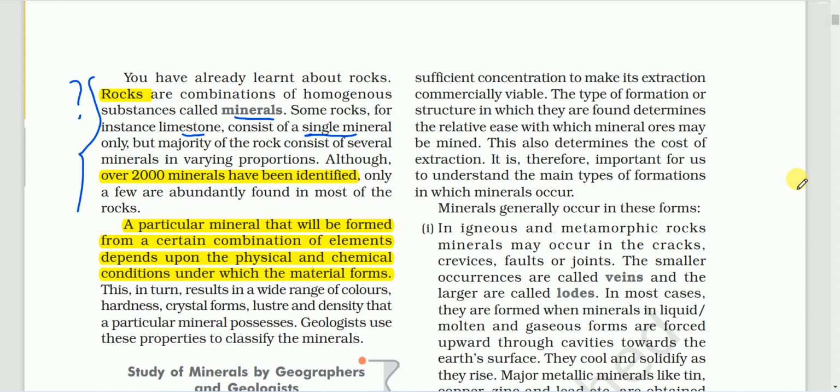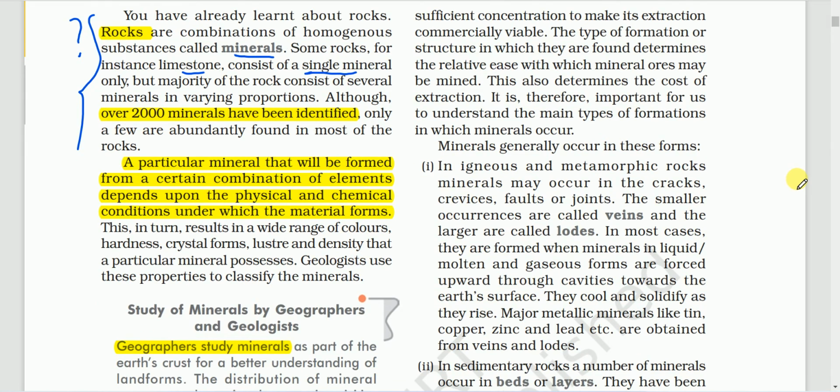As of now, we have identified over 2000 minerals. Many minerals are found on the earth's surface and in the subsurface, that is in the earth's interior, but we are able to identify only about 2000 minerals.